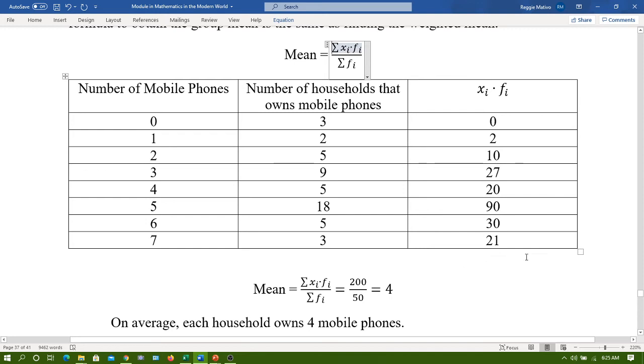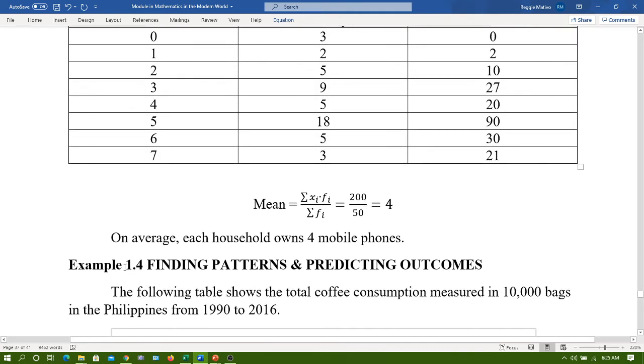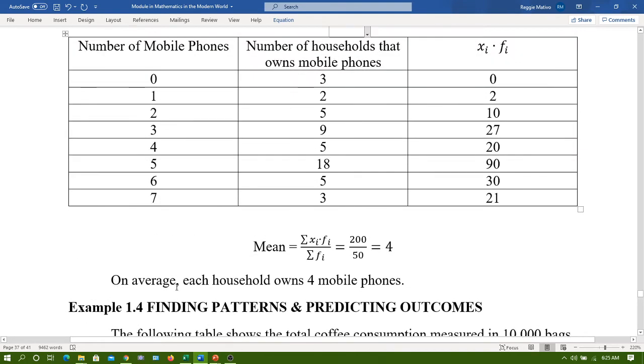That means we have 200, and this one is sure enough because there are 50 households, so it should be 50. We just need to divide them, 200 divided by 50, and there we get 4. So we can conclude that on average, each household owns 4 mobile phones.